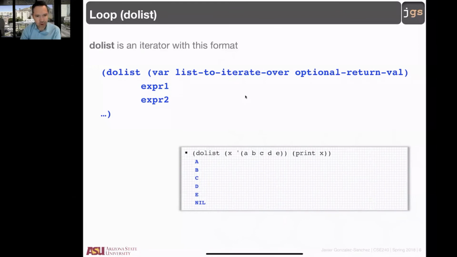The equivalent for that in Lisp is dolist. Dolist instead of dotimes. Dolist because I am going to iterate a list. The structure is very easy. Number one, open parentheses, dolist. Second, the parameters.